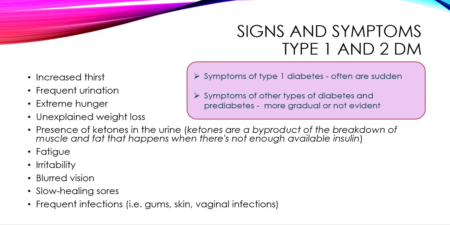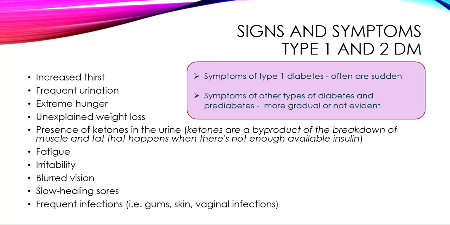Now, unexplained weight loss happens because we are not using that food appropriately, but also because we are using fat cells for energy because we're not able to use glucose. And so we're burning fat. Fatigue happens because your cells don't get enough energy.